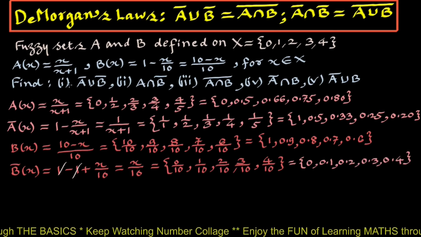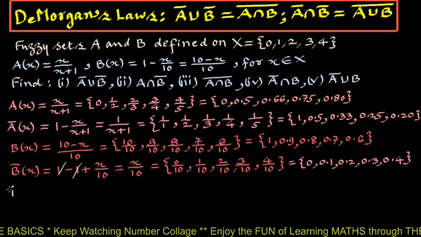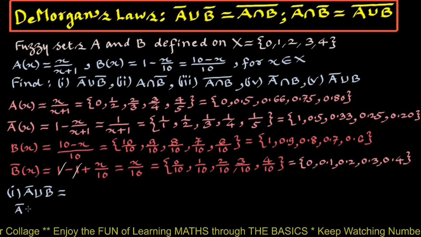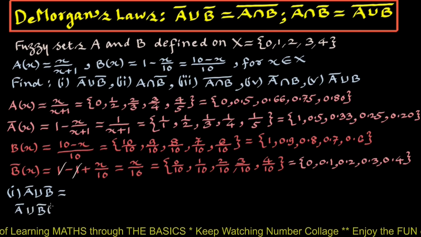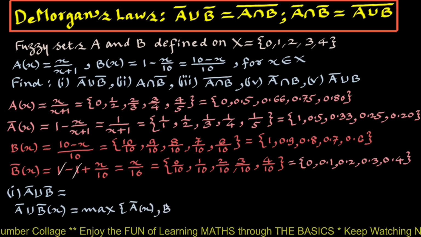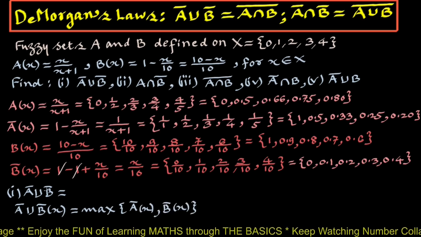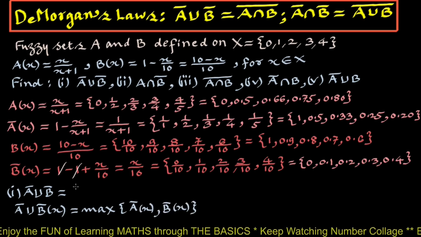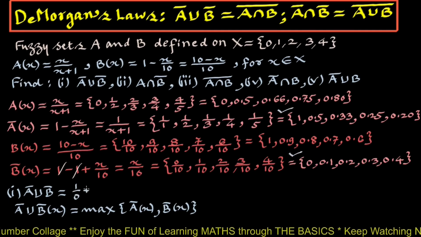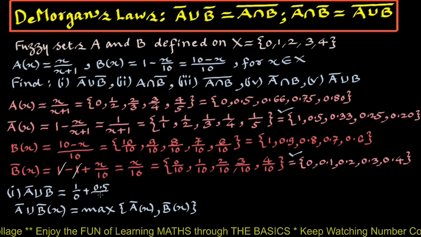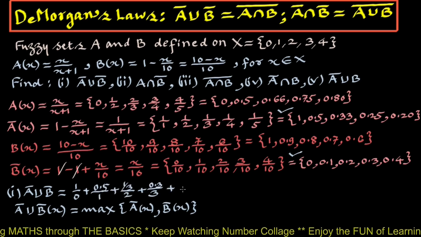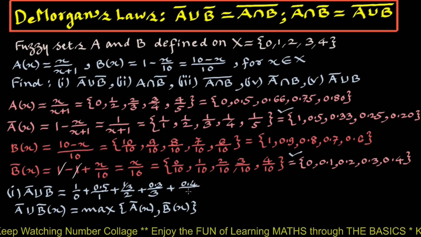Now we will solve the first question. We have to find A bar union B bar. We know that A bar union B bar of x is maximum of A bar of x and B bar of x. Accordingly, we write A bar union B bar as, from these two, 1 upon 0 plus 0.5 upon 1 plus etc. 1/3 upon 2 plus 0.4 upon 4.